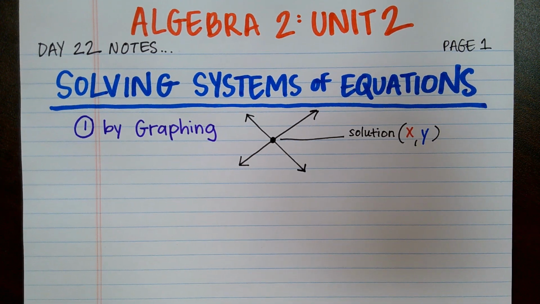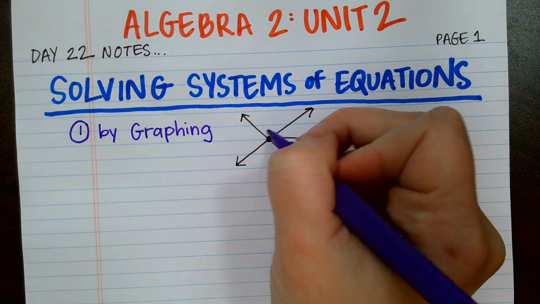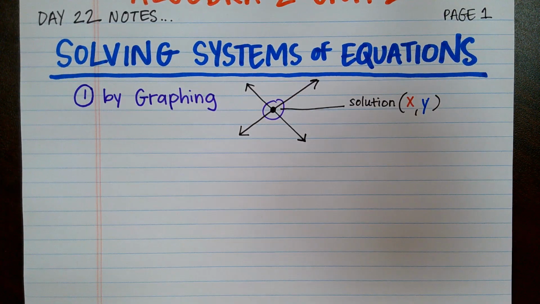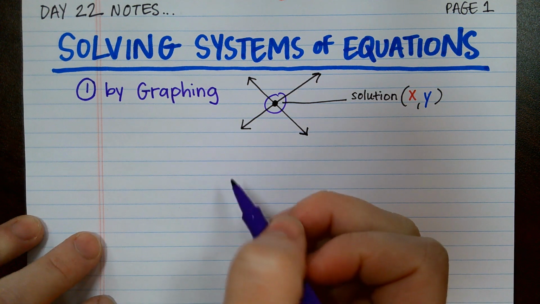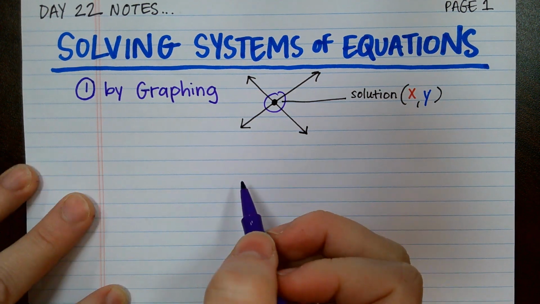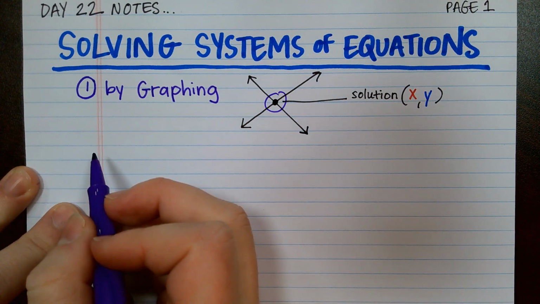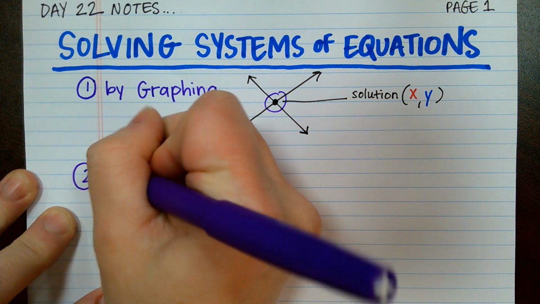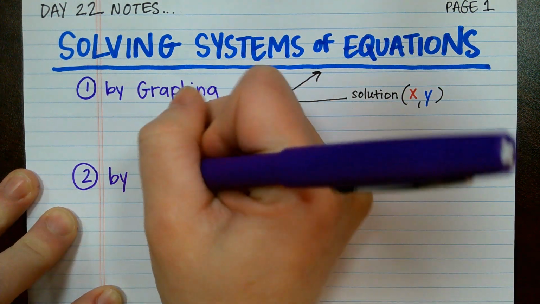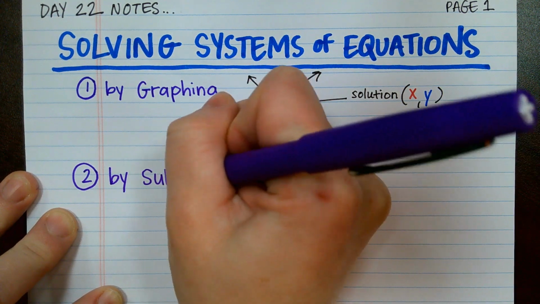So that's the first way to solve a system of equations, by graphing. There are two more ways that we're going to talk about. Number two is by something called substitution.